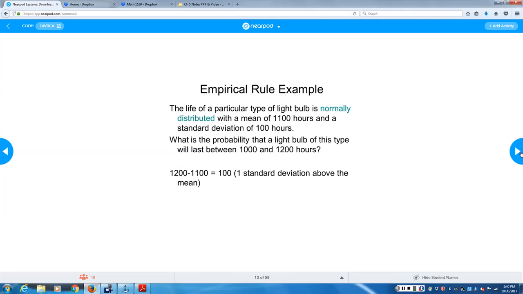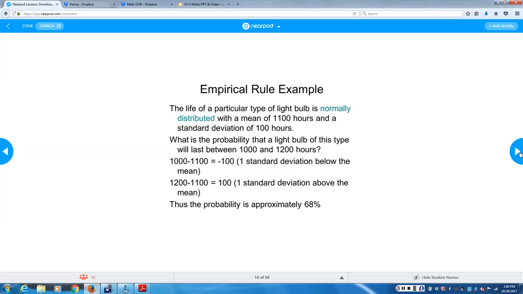And the 1,200 minus the mean of 1,100, that's 100, which is a positive one standard deviation above the mean. Positive means it's above. And since we're talking about one standard deviation below to one standard deviation above, the probability is about 68%.